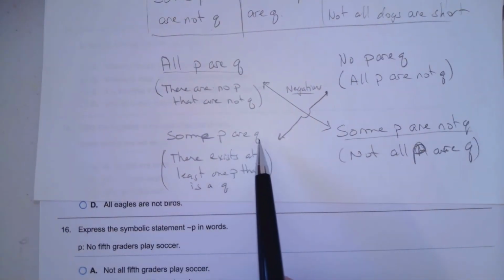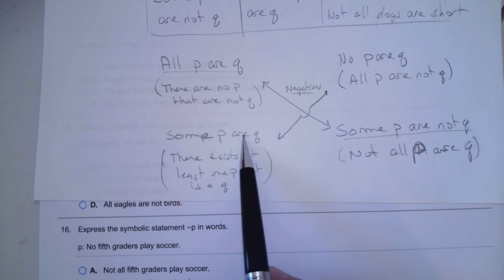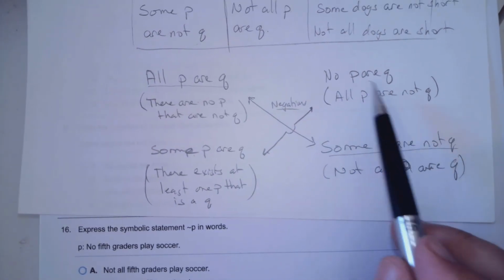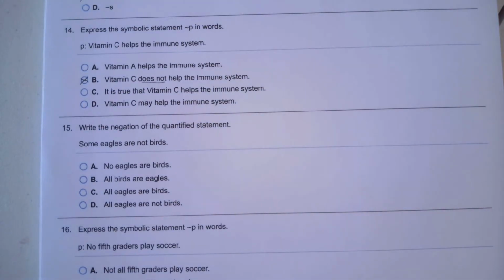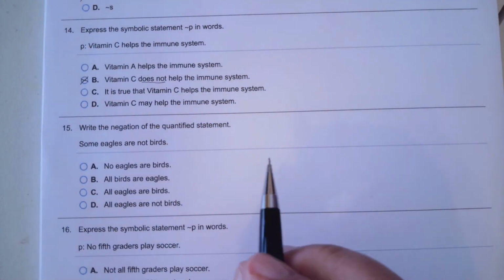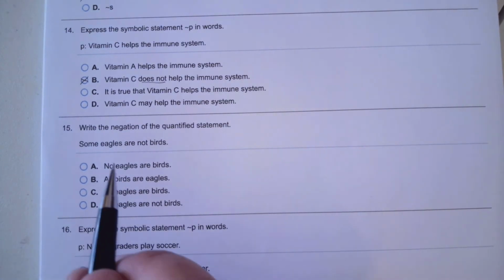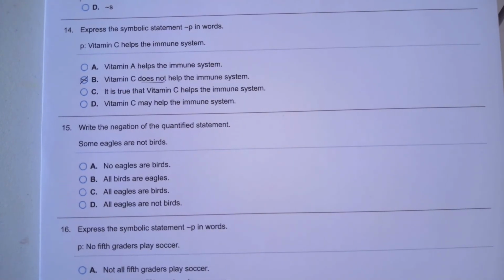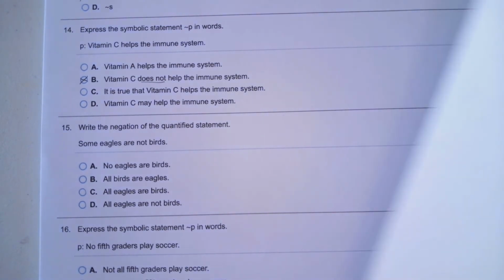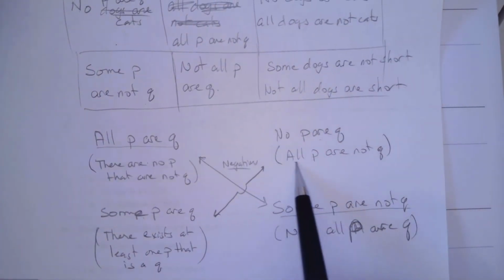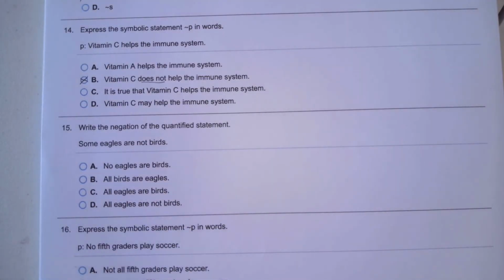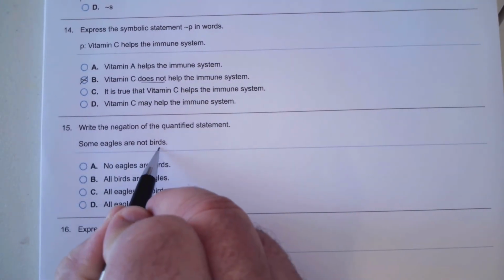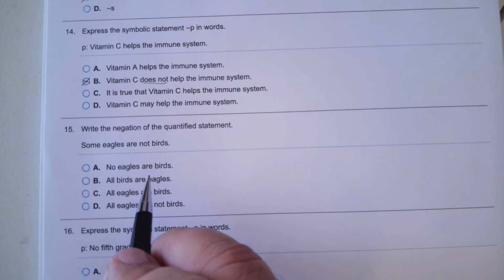Some P are not Q. So the opposite would be no P are not Q. So all P are not Q... Some eagles are not birds, so therefore all eagles are birds.